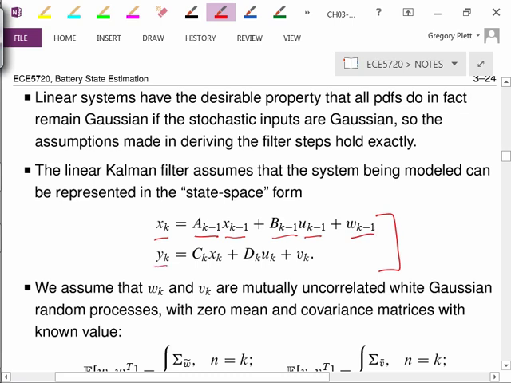And the output that we measure, y, is some matrix times the state plus some matrix times the input plus some measurement noise. This is not too different from our battery model, and our battery model is fairly linear, but it is not exactly linear, so we're going to do quite a bit better with nonlinear Kalman filters later on.